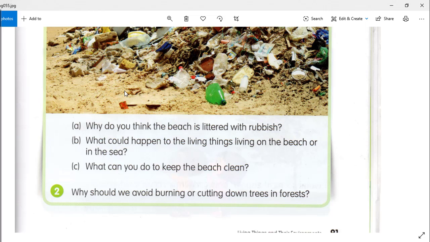And also cutting down trees, of course, destroys the habitats of the living things that live in that forest. Of course, both of them we must be aware of, we must avoid. So we have to avoid both of them, burning or cutting down the trees.